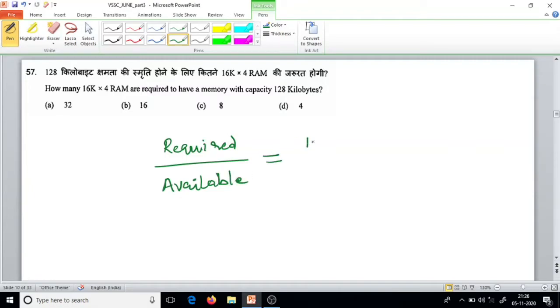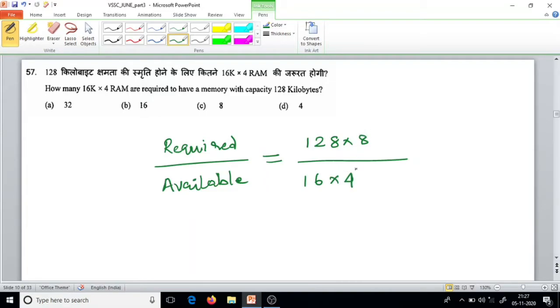What is the required? 128 kilobytes, which is 128 multiplied by 8. So what is available? 16 into 4 is available.